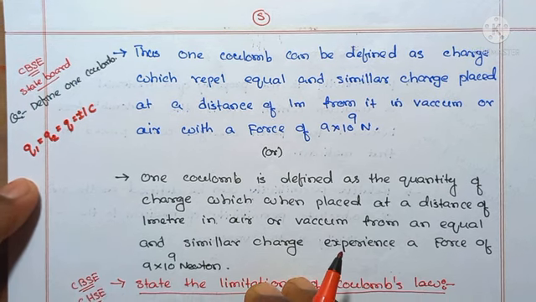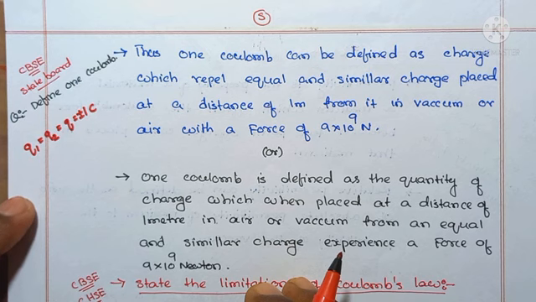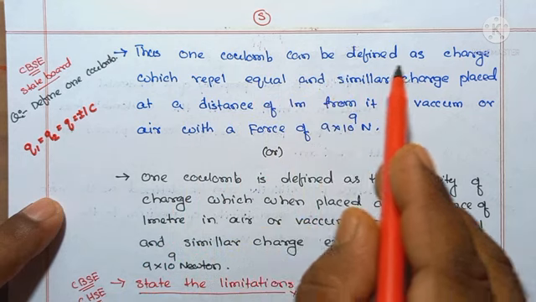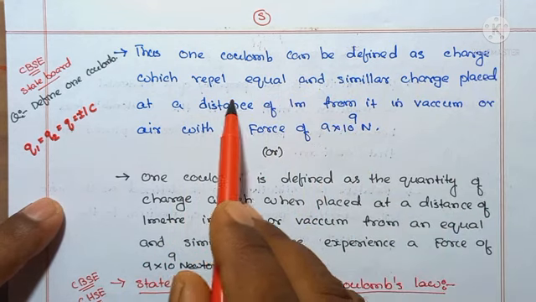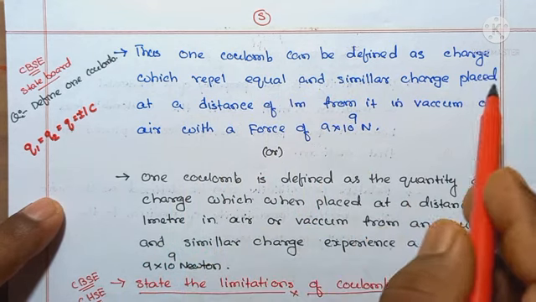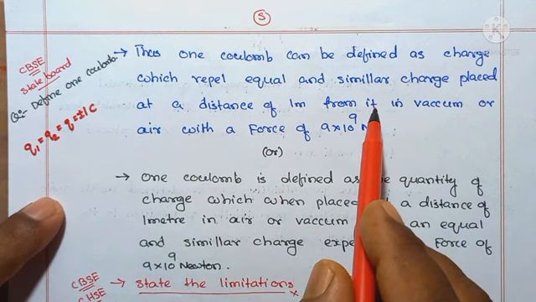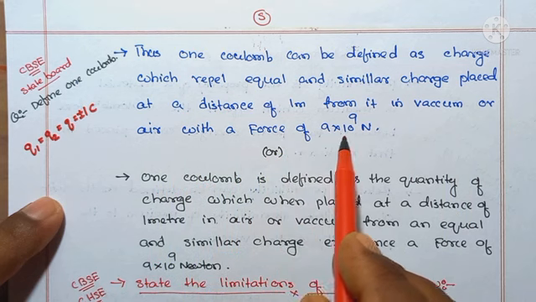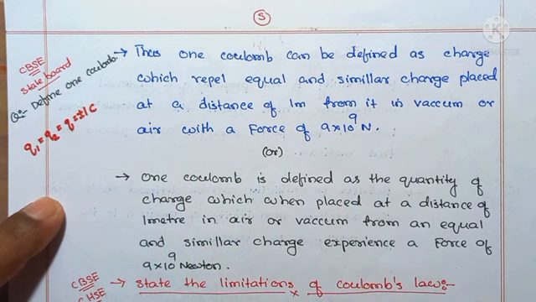Some CBSE examiners are asking to define 1 coulomb. So 1 coulomb can be defined as the charge which repels an equal and similar charge placed at a distance of 1 meter from it in vacuum or air with a force of 9 into 10 to the power 9 Newton.